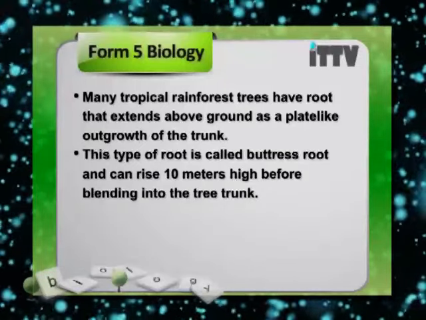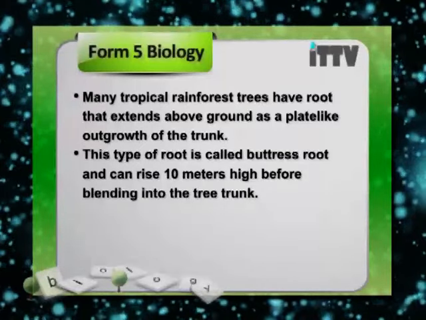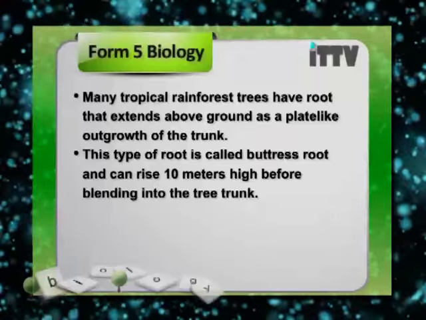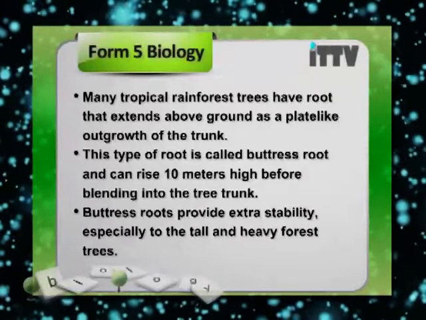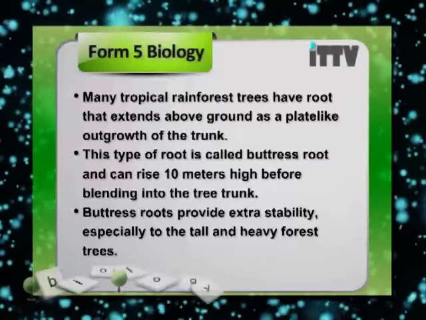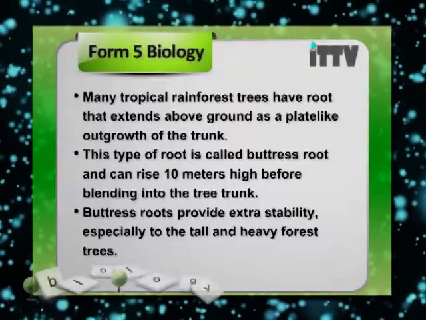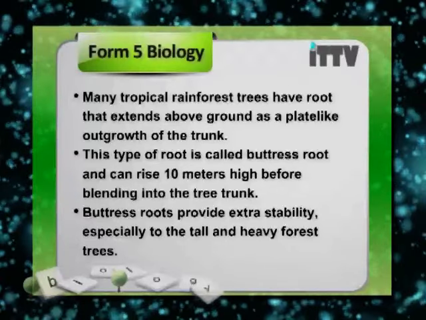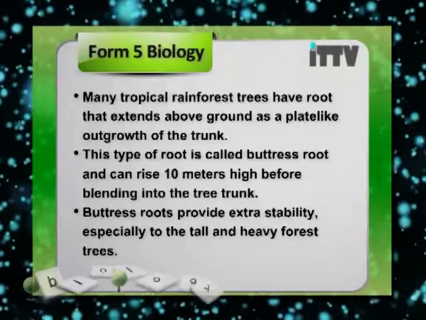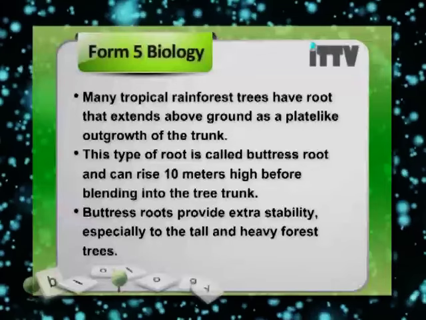This type of root is called the buttress root and can rise 10 meters high before blending into the tree trunk. Buttress roots provide extra stability, especially to the tall and heavy forest trees. Certain trees such as Rhizophora and screw pine have stilt roots, whereas the maize plants have prop roots.